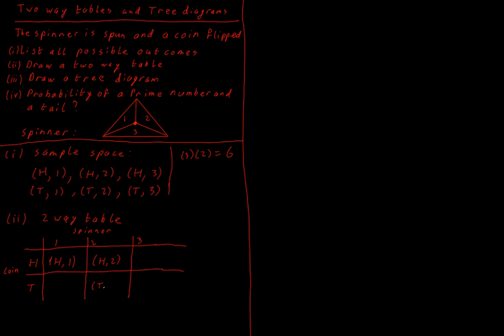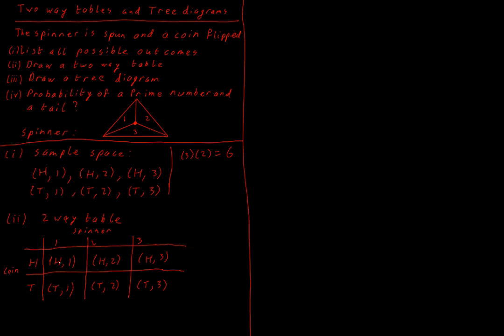You can just do them sequentially. I'm breaking the order so it's easier to see what rule I am following. So a tail on the coin, a 3 on the spinner. A head on the coin, a 3 on the spinner. A tail on the coin, a 1 on the spinner.